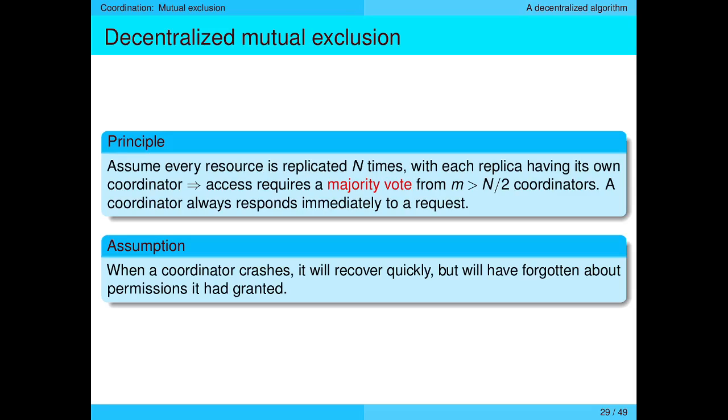Accessing the resource requires a majority vote from m coordinators. There are n replicas, you understand. Small m is greater than n/2, at least more than half of the coordinators.